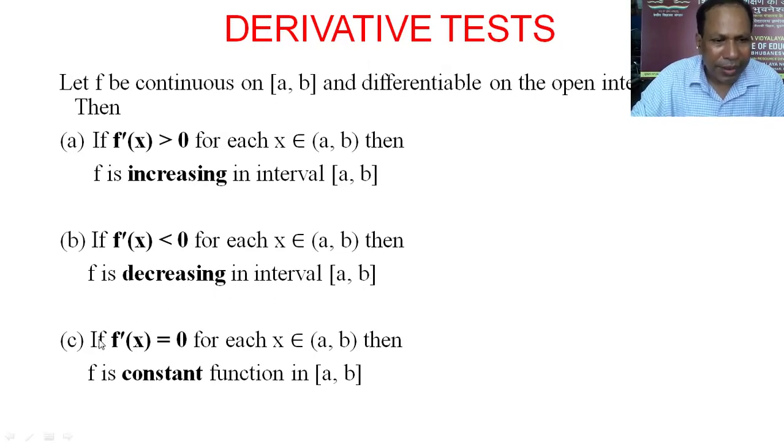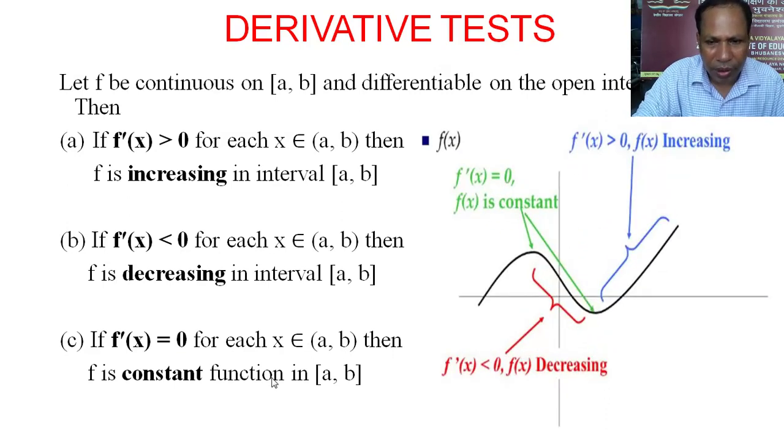And if f'(x) is equal to 0 for each x belonging to the open interval (a, b), then f is said to be a constant function in that interval. In this graph we find that in this region f'(x) is greater than 0, so f(x) is an increasing function.